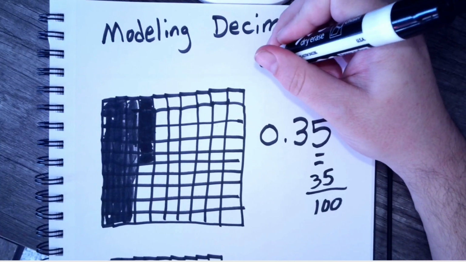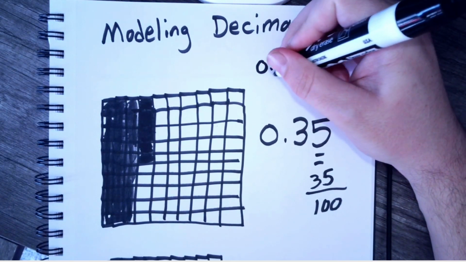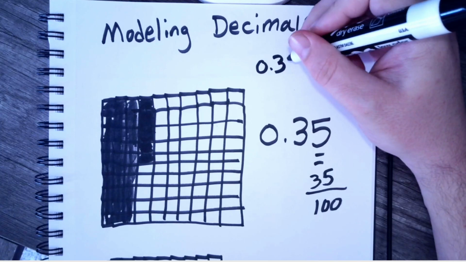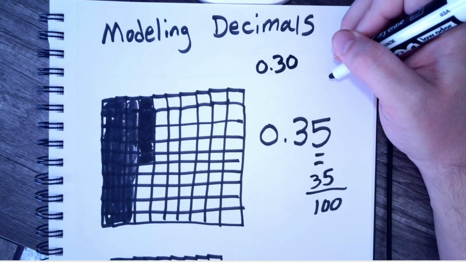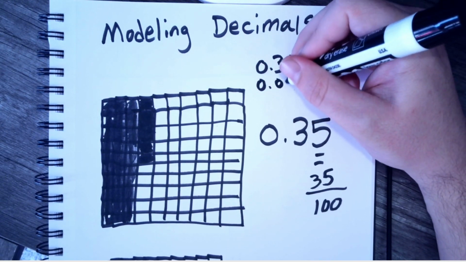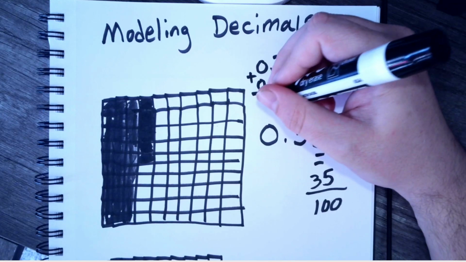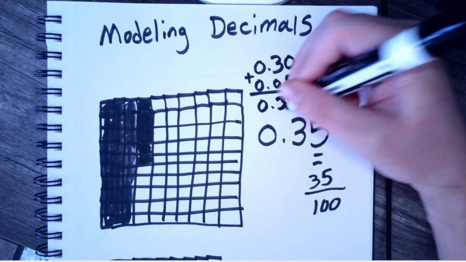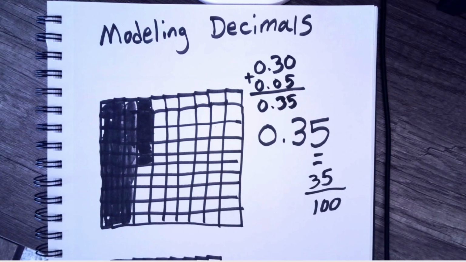So I could say I did 3 tenths, which is the same as 30 hundredths, plus another 5 hundredths. That gave me my 35 hundredths.